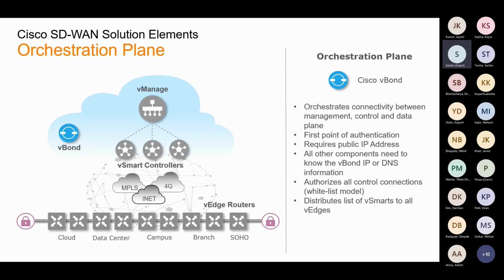Suppose in this design there are three vSmart and you have one vManage. Any edge will try to hit the vBond. Then vBond redistributes the list of vSmart to that edge, telling it that we have three vSmart in our environment.